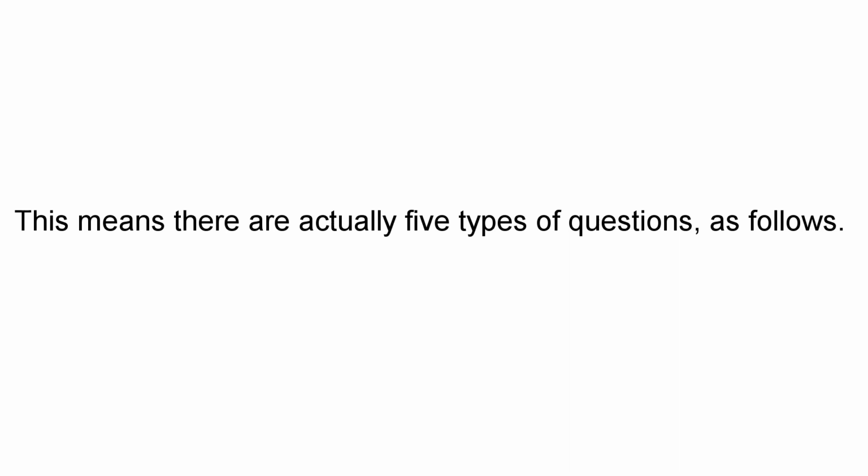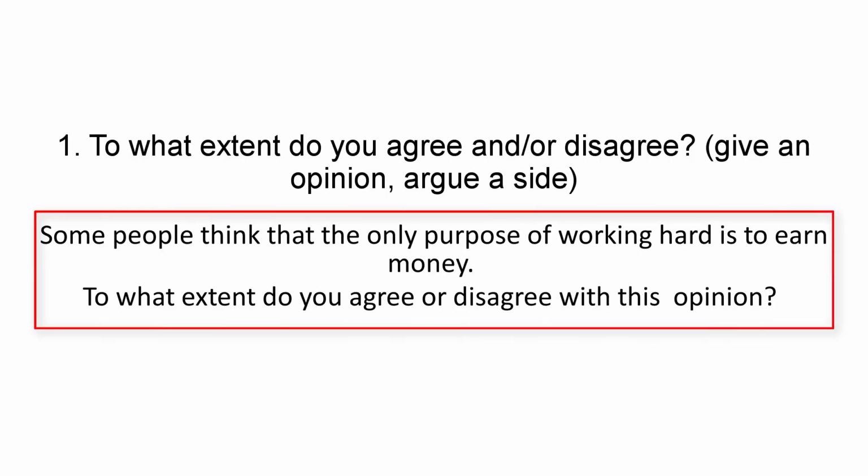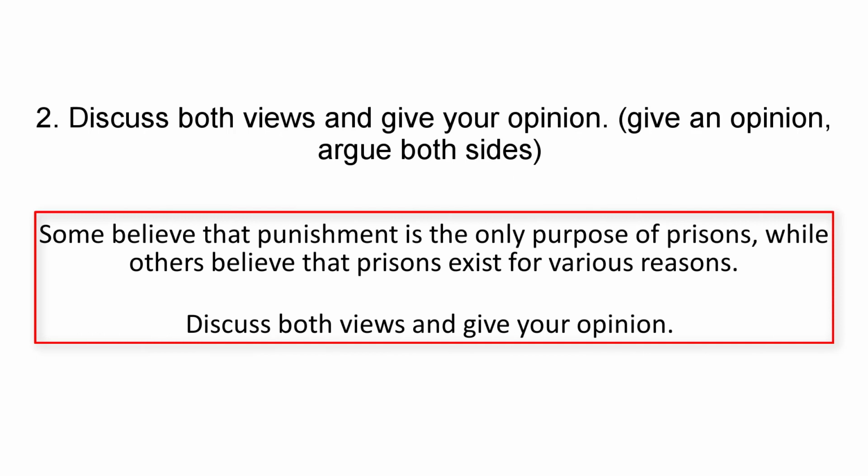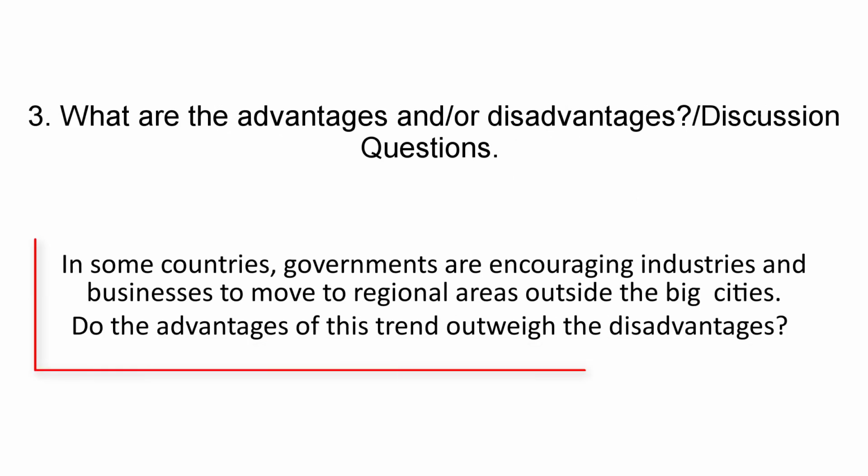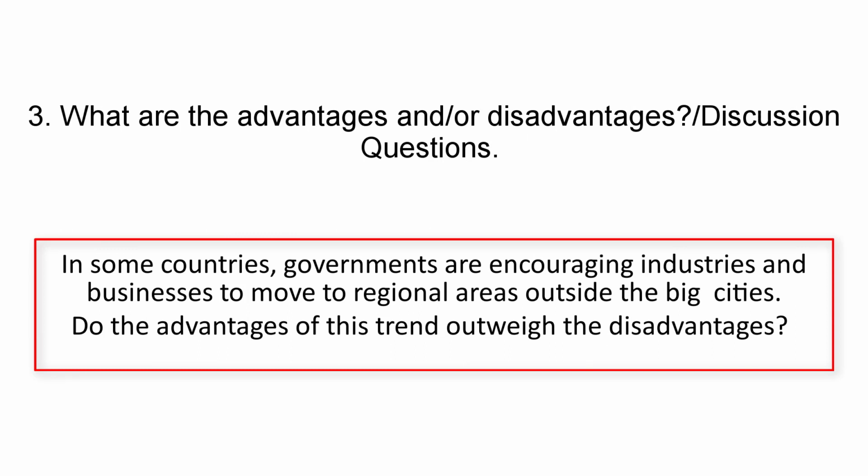So in total, there can actually be 5 kinds of task 2 questions or tasks in the prompt. The first one is, to what extent do you agree and or disagree? The second one is discuss both views, give your opinion. The third one is, what are the advantages and or disadvantages? So discuss.